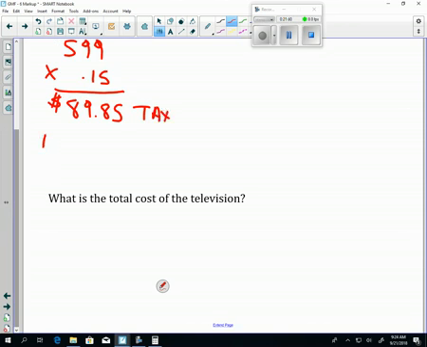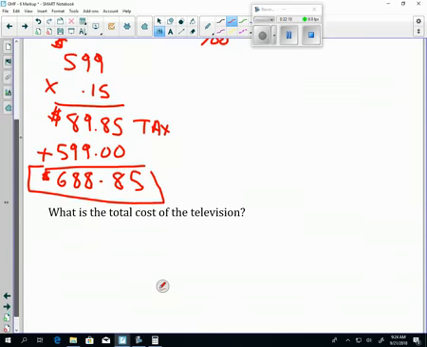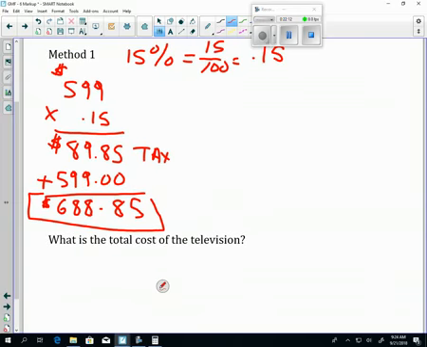I have to add to the original price. The price would be $688.85. Now you notice we had to do two steps here. We had to calculate the tax, then add it to the original amount, to get the final.